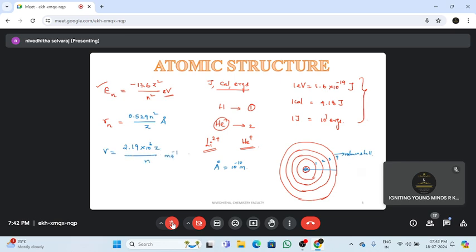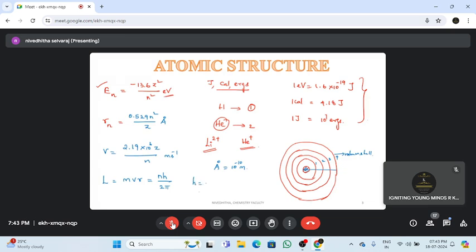And also we have to know the formula to calculate angular momentum. What is the formula to calculate angular momentum? Mass into velocity into radius, mvr. And there is another formula to calculate angular momentum, which is nh by 2 pi. n is the shell in which the electron is present. But what is h?